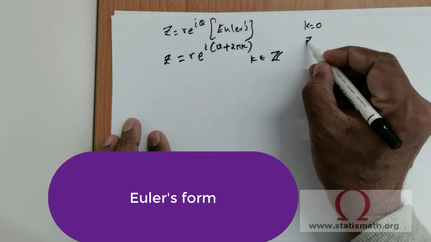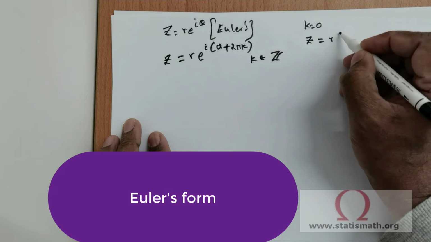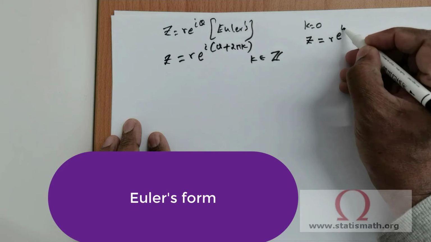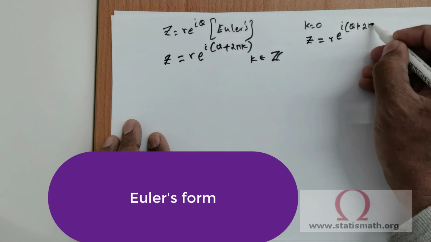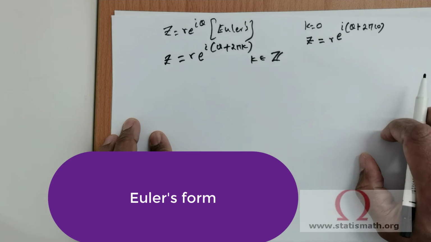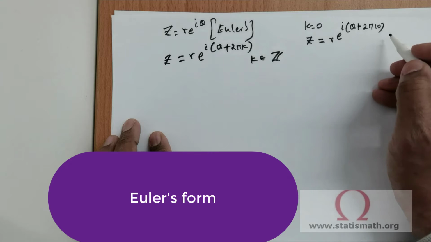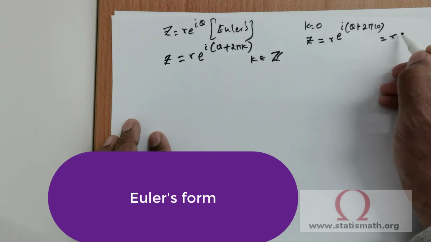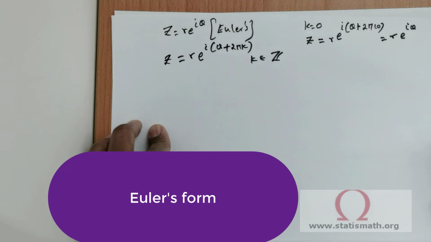When k = 0, we get z = r e^(i(θ + 2π·0)). So what would this be? This quantity gives us r e^(iθ). So this is what we are getting.